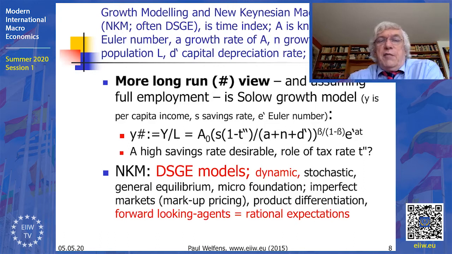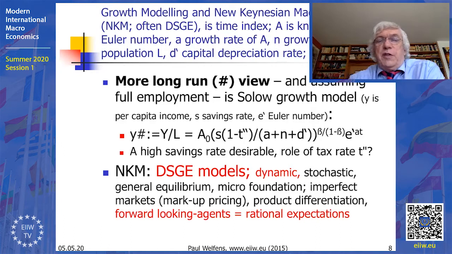Okay, NKM, yeah, there we have these DSGE models used by all the leading central banks in the world economy. Dynamic means we have an accumulation of capital. Stochastic, okay, this is then obviously the stochastic environment, and we have some shocks and random elements and so on.